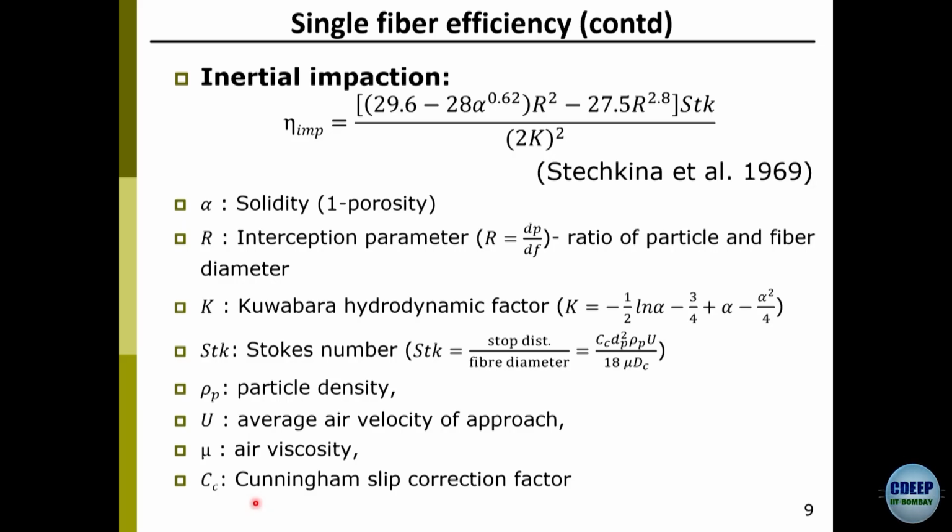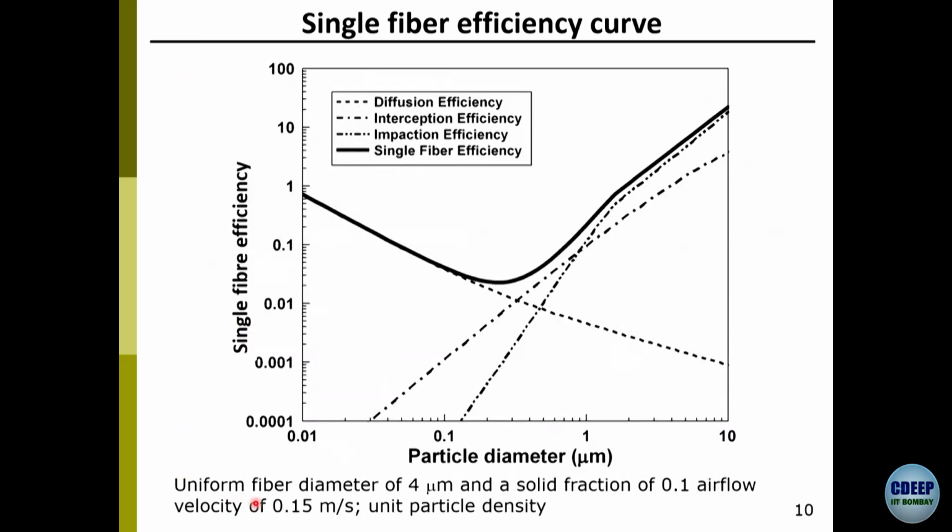And we can look at more. Here you can see the single fiber efficiency going greater than 1 only for large particles, right? But that is because this is a fiber diameter of 4 micron. When you go to much finer fiber diameters, you will see eta r also going greater than 1 on that side by diffusion, right?